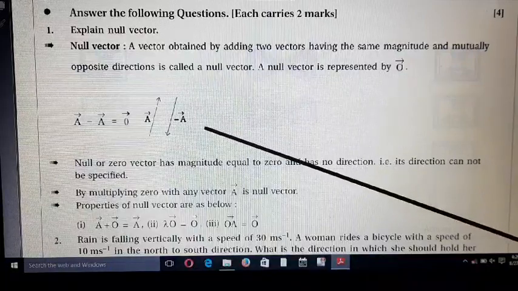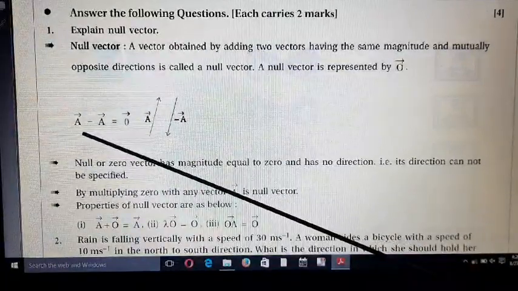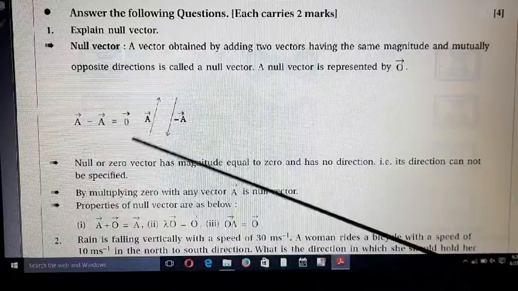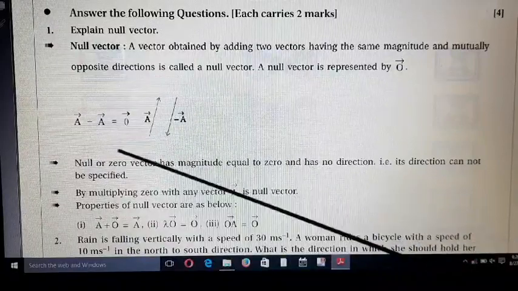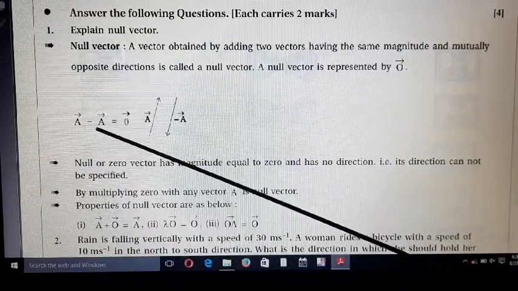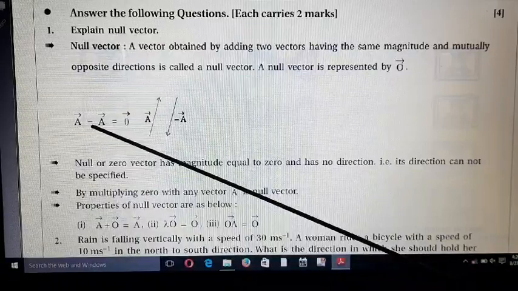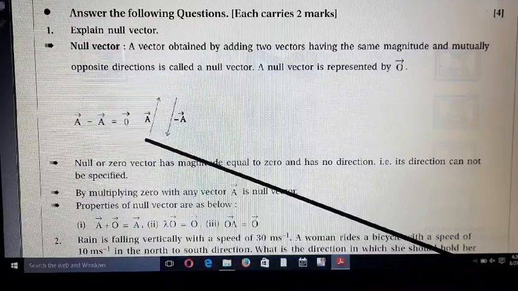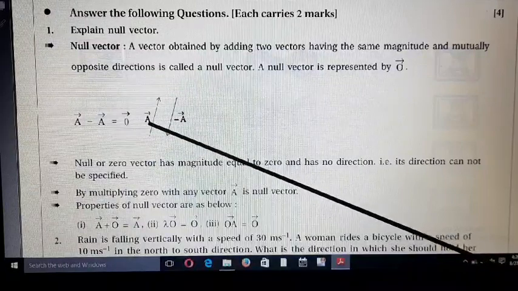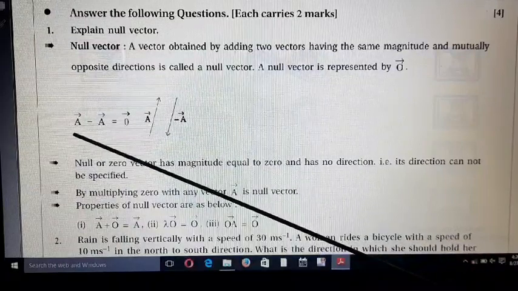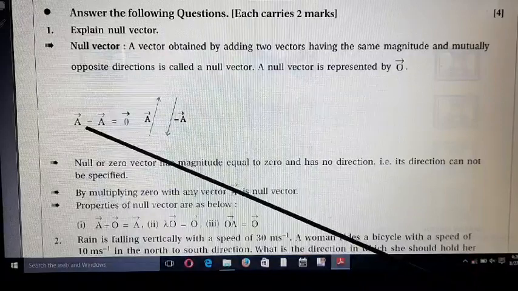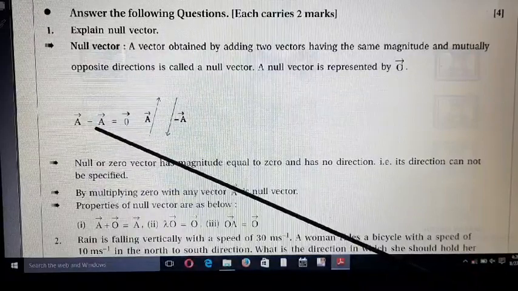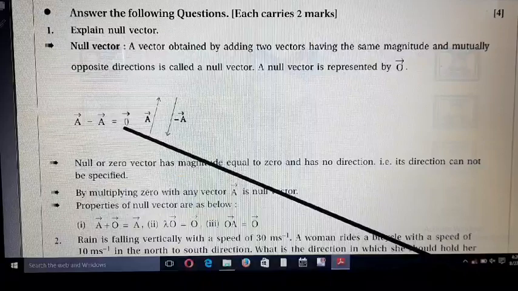Look here. Here is the addition of vector A, this vector A, and this is vector A. Here the minus sign indicates this vector A is in the opposite direction of this vector A. So the addition means vector A plus bracket minus vector A is equal to 0.